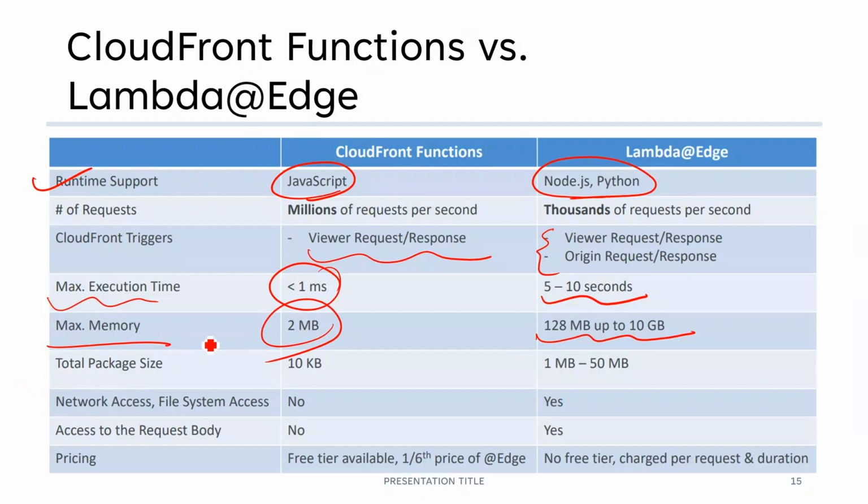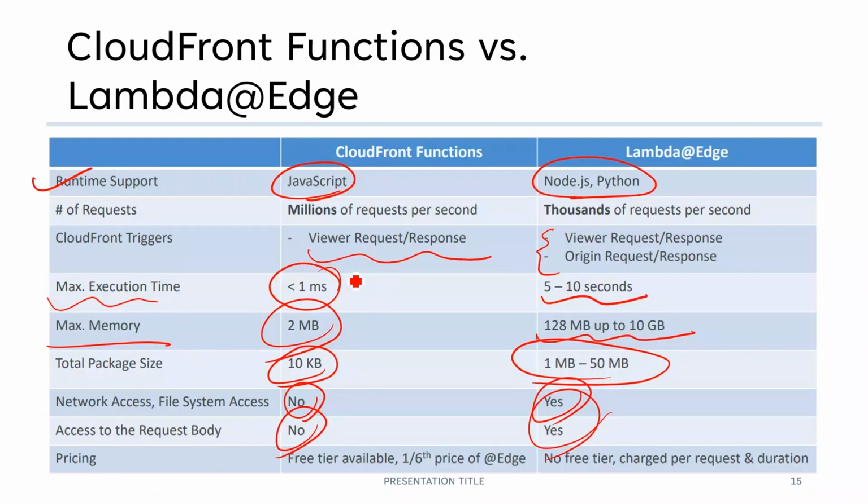Total package size is 10 KB for CloudFront functions. Normal Lambda functions are uploaded as a zip file up to 50 MB. Similarly, for Lambda@Edge functions, it is 1 MB to 50 MB. Network access and file access are not available for CloudFront functions, but here you can use them. Access to the request body is not possible for CloudFront functions, but it is possible for Lambda@Edge.